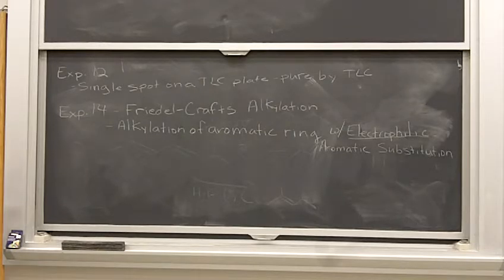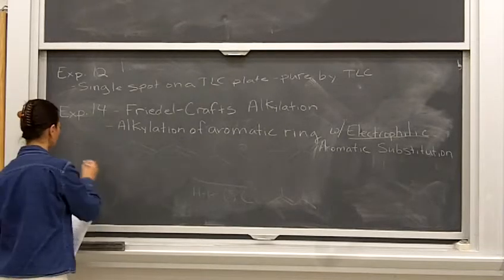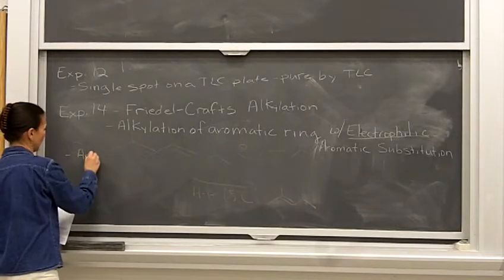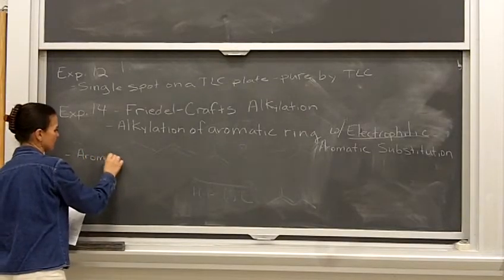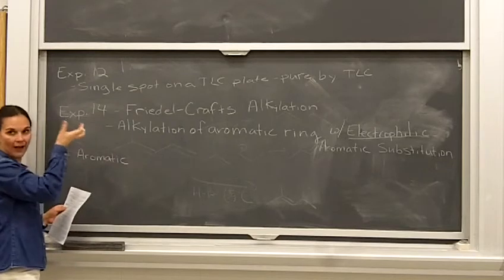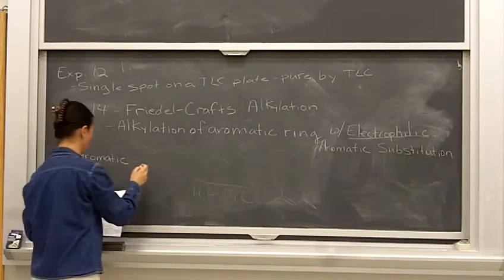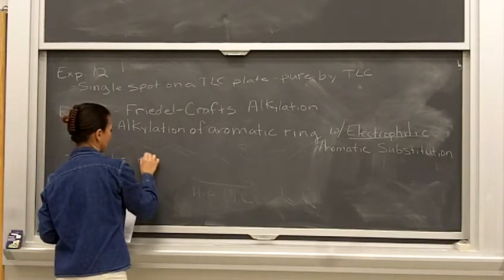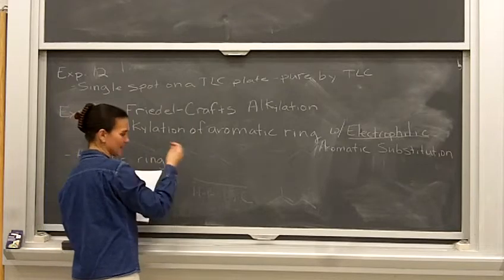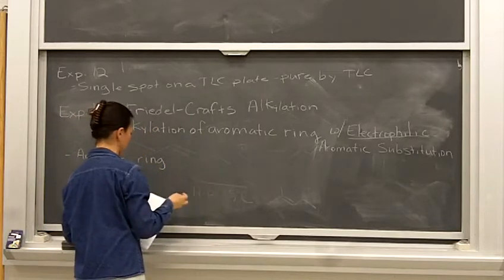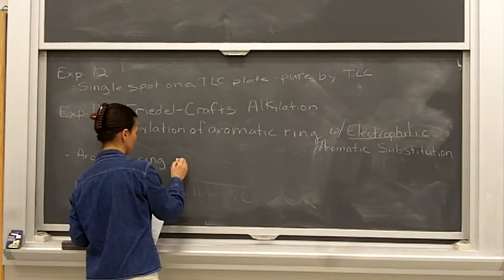Now, what happens is the aromatic ring acts as the nucleophile because it's got all that electron density in the ring, all right? But it's not a super great reactive nucleophile unless you've got just the right situation.